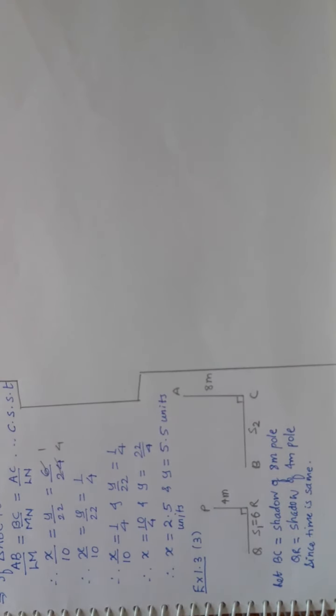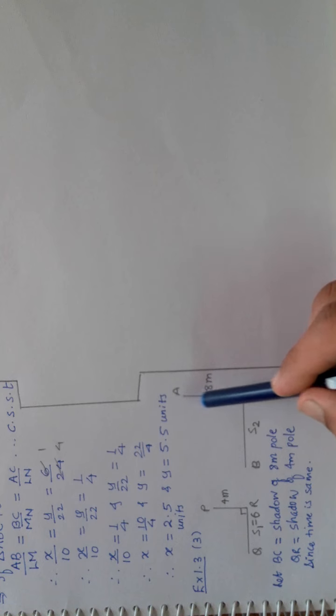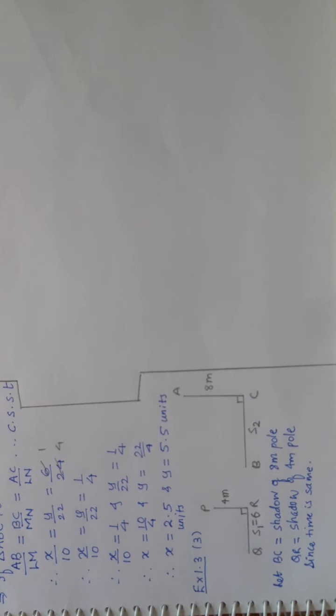So as I said, the ratio of heights of poles, that means the height of one pole, PR is to AC, will be equal to the ratio of shadows of poles. That is, since I took the height of the pole PR first, I will take the shadow of PR only, that is QR is to BC.